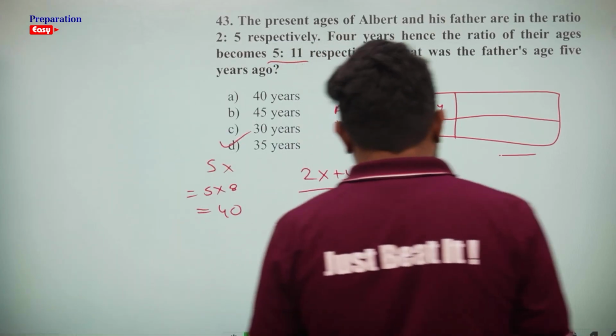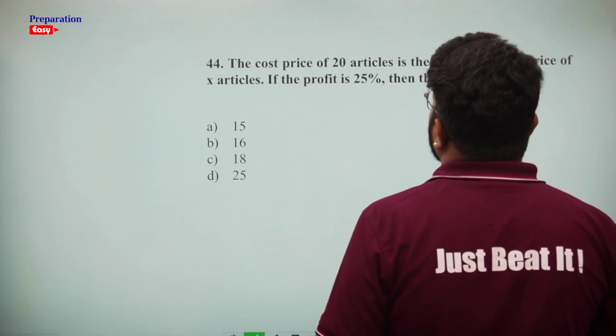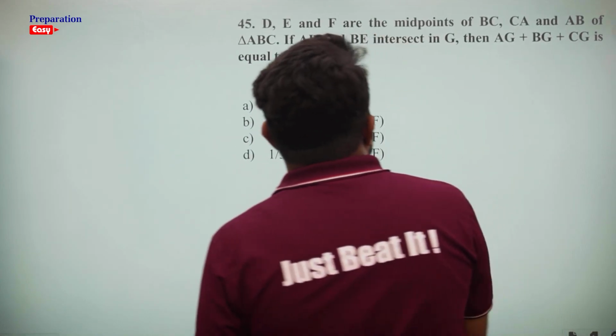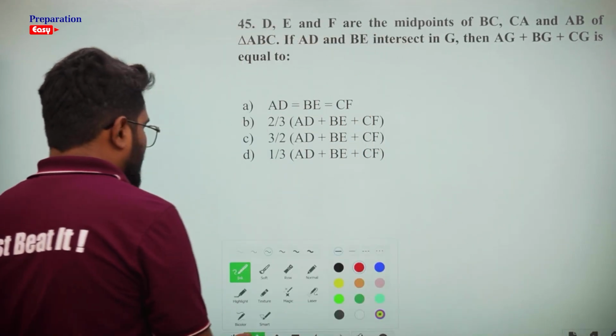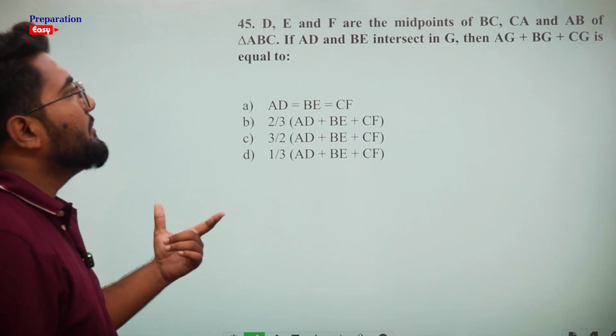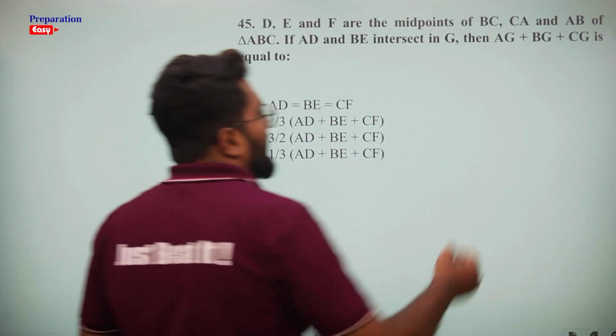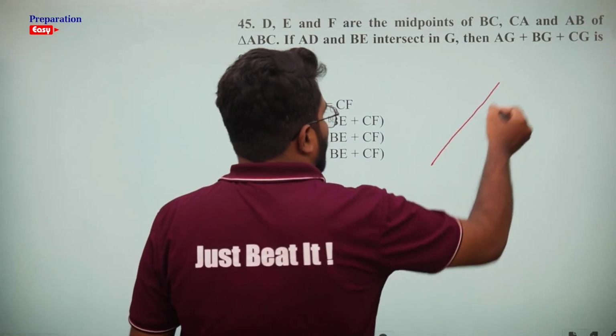Okay. Next question. This is the next question, that is D, E and F are the midpoints of BC, CA and AB of a triangle. Let's first draw the triangle.